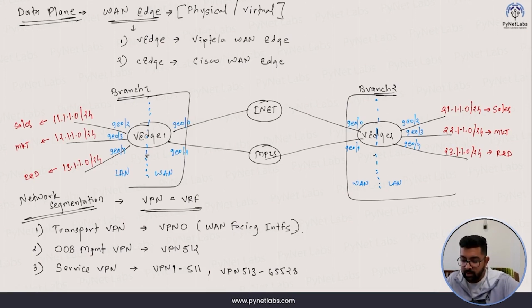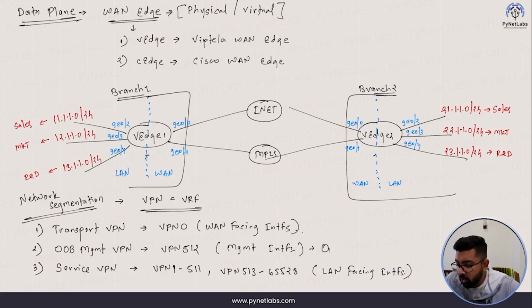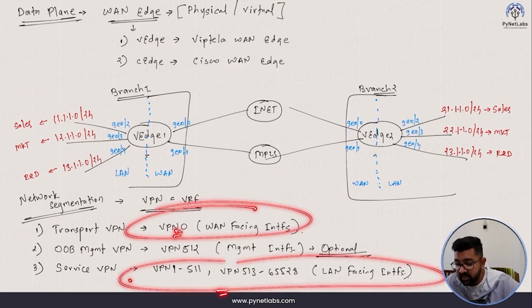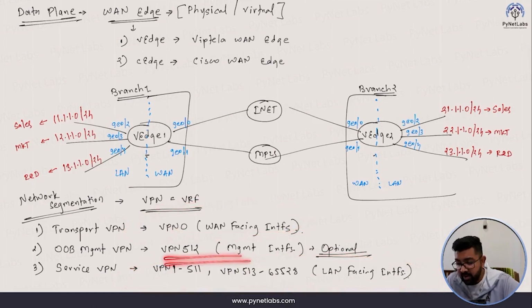The service VPNs are always used for all the LAN facing interfaces. And the out of band management will be for management interfaces, which are completely optional to implement. You are definitely going to have your WAN facing interfaces and your LAN facing interfaces, but having VPN 512 interfaces fully functional is kind of an optional config.